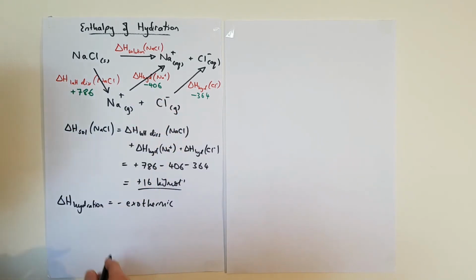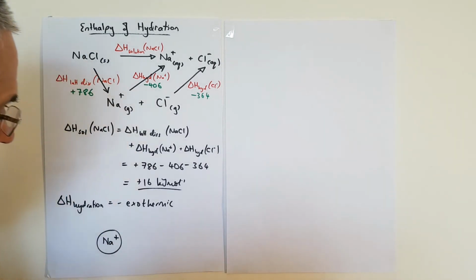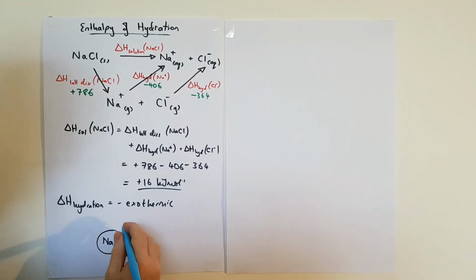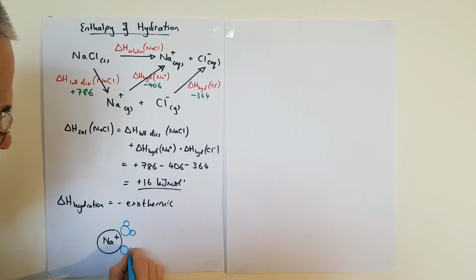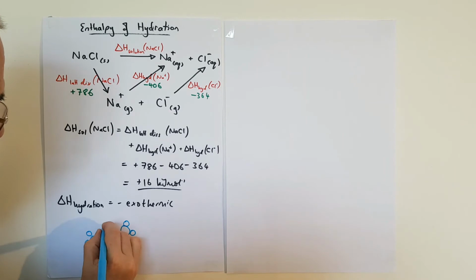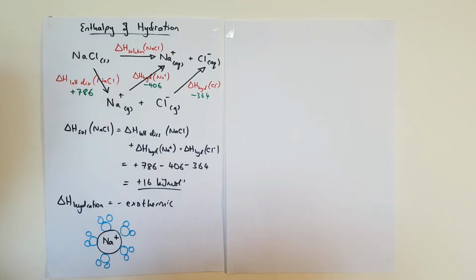What bonds are we forming? Well, if we're dissolving our ion in water, then the little water molecules will maybe not bond in the traditional way, but they look like this, little Mickey Mouses. They will form strong forces with the ion there.